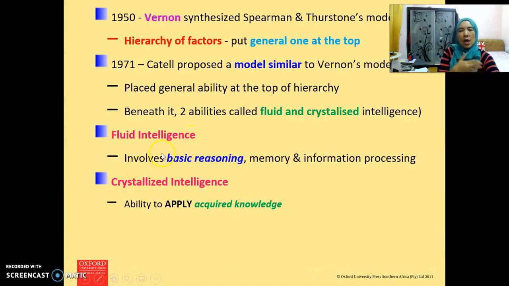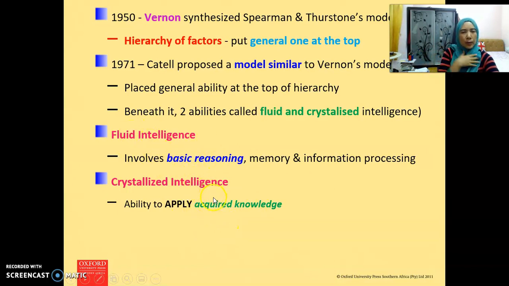Crystallized intelligence, on the other hand, refers to applying acquired knowledge. Older people normally tend to have more crystallized intelligence, because as they get older they have more experience. So applying acquired knowledge is not really difficult for older people compared to younger people.